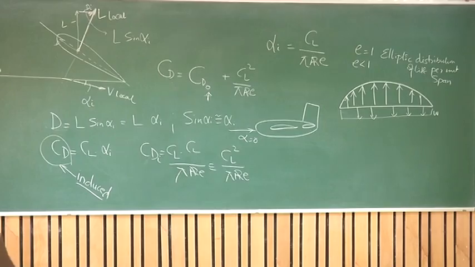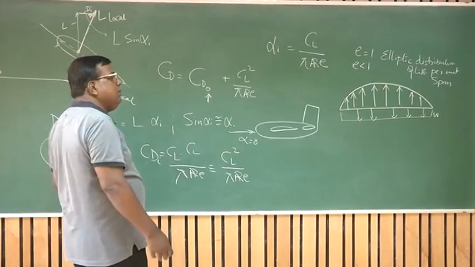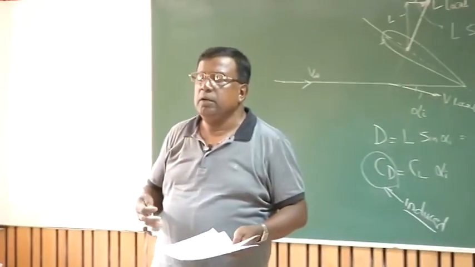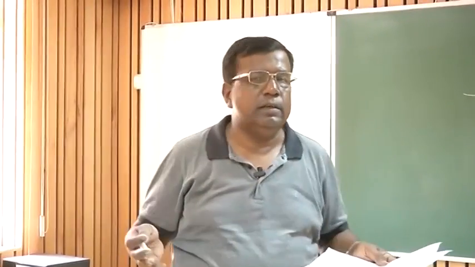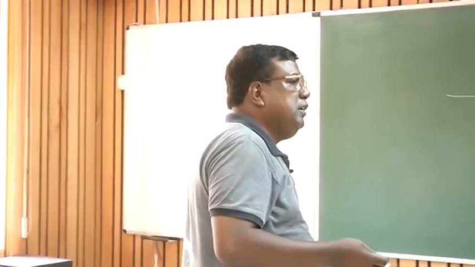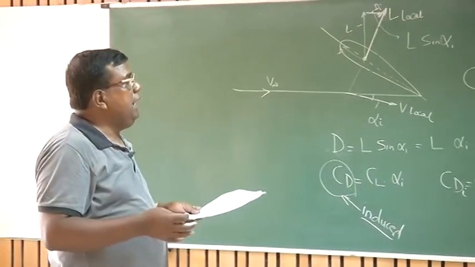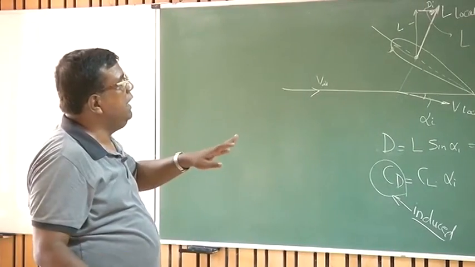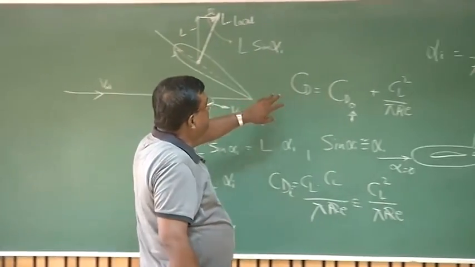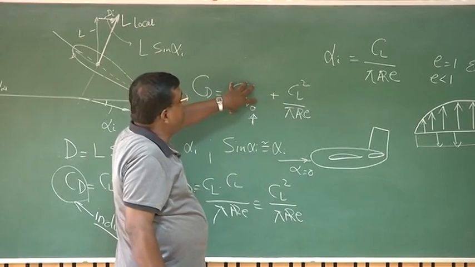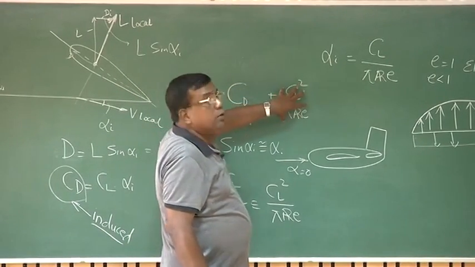We write CD at CL equal to 0, and as we progress, we see that sometimes we represent this drag coefficient using CD minimum also. Those are a matter of detail. At present, only understand that the drag coefficient will have two components, one because of parasite drag, or zero lift drag, and the lift induced drag.